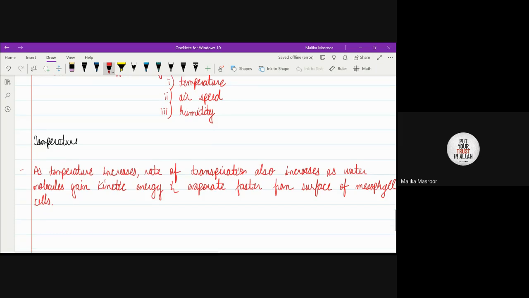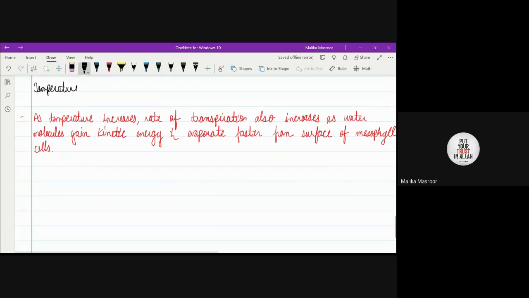Second factor is your air speed. If it's a windy day, the air around the leaf, which contains a lot of water vapor that has just diffused out of the leaf, is quickly moved away. Wind is taking away all the moisture. So because of the movement of air, the diffusion gradient is maintained, as water vapor outside is less compared to water vapor inside.